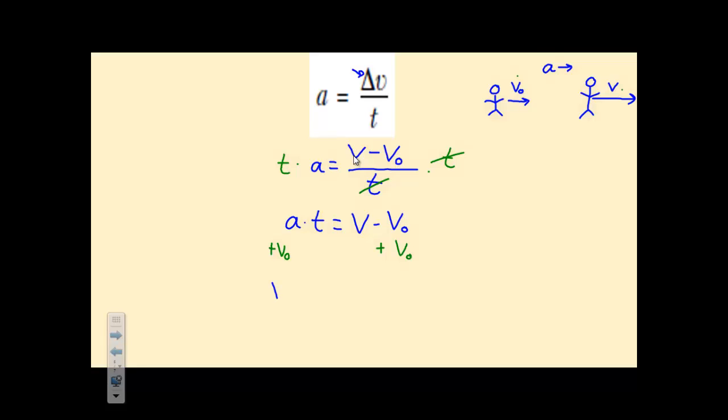And we have that VO plus AT equals V, which is really the same exact equation that we just came up with. So they are just completely two forms of Vx equals Vox plus AxT. They're really just two forms of the exact same equation, just with some algebraic manipulation going on there.